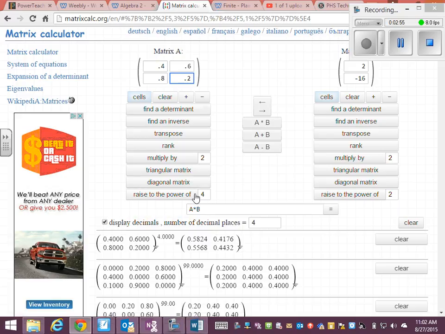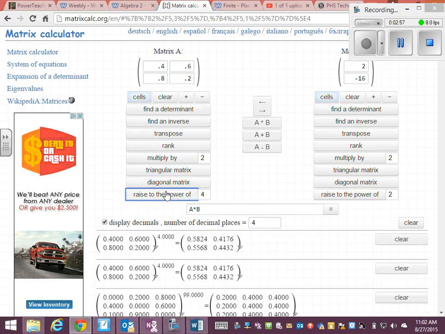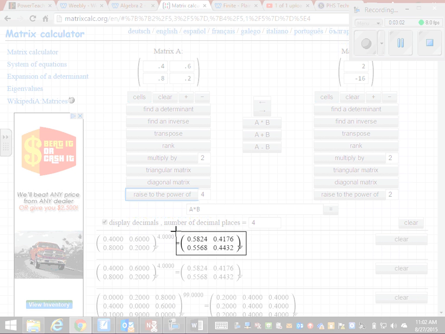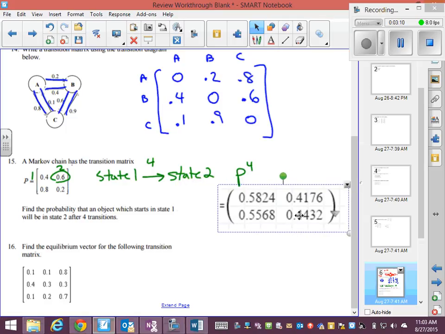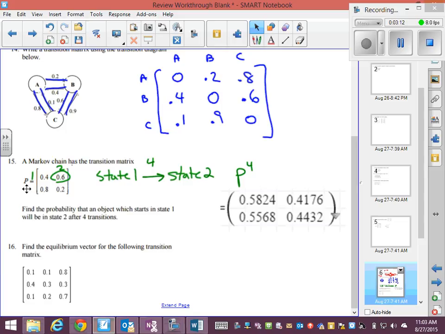I'm going to take it to the 4th power, raised to the 4th power. And so here is the 4th power of my transition. Okay, that's P to the 4th. That's my transition raised to the 4th power. So again, if I'm going from state 1 to state 2, I'm looking right here. The answer is 0.4176.